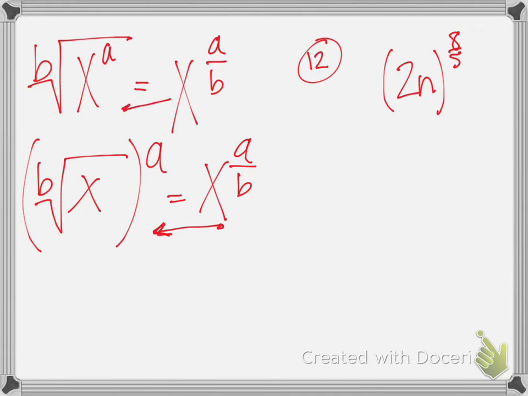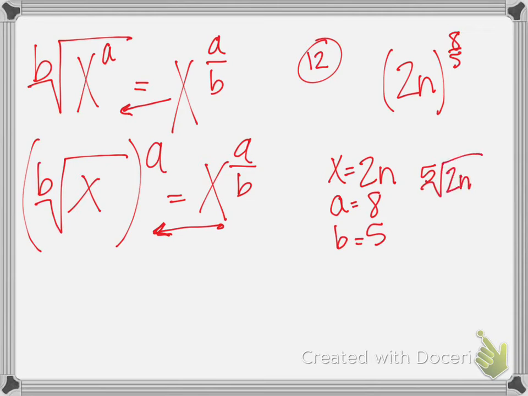Okay, so let's start by writing that x equals 2n, a equals 8, and b equals 5. So now we take our information and we can write this as the fifth root of 2n to the 8th. Okay.